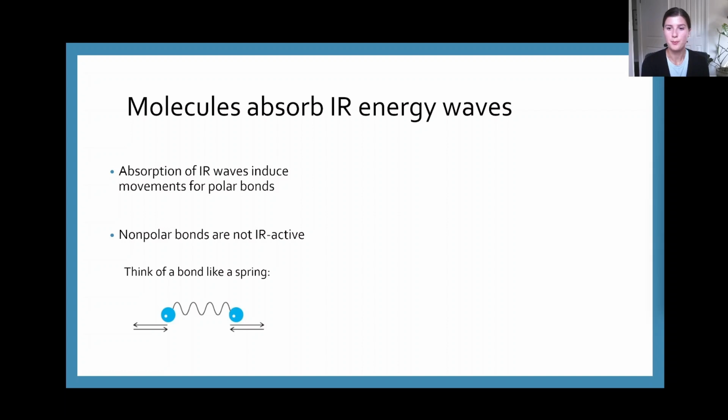And you can kind of think of a bond like a spring, where the bond can stretch or bend, but the two atoms on either end are moving closer to each other, away from each other. That's really essentially what's going on. The atoms are kind of moving around, but the bond stays in place.